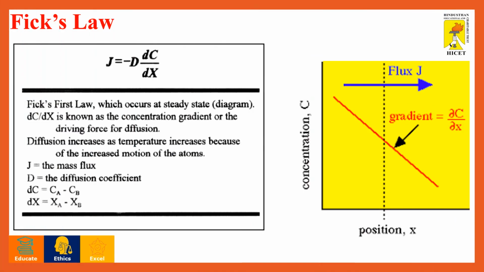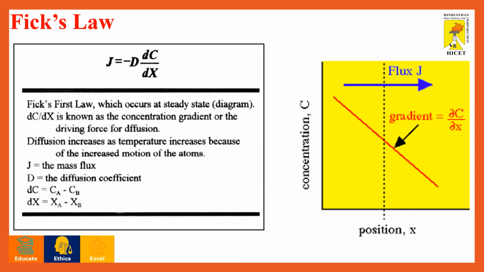Now, the governing law of the mass transfer. What is the law behind the mass transfer taking place or the diffusion taking place? The governing law of the mass transfer is called as Fick's law of diffusion. The equation is J is equal to minus D dC by dx.